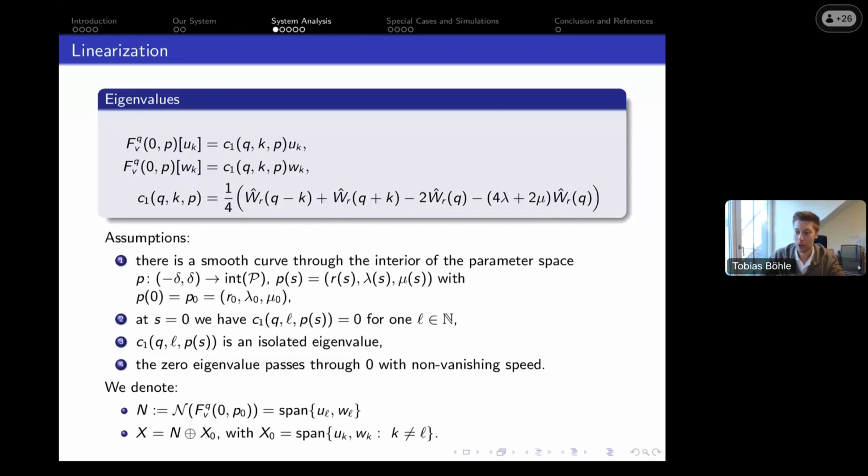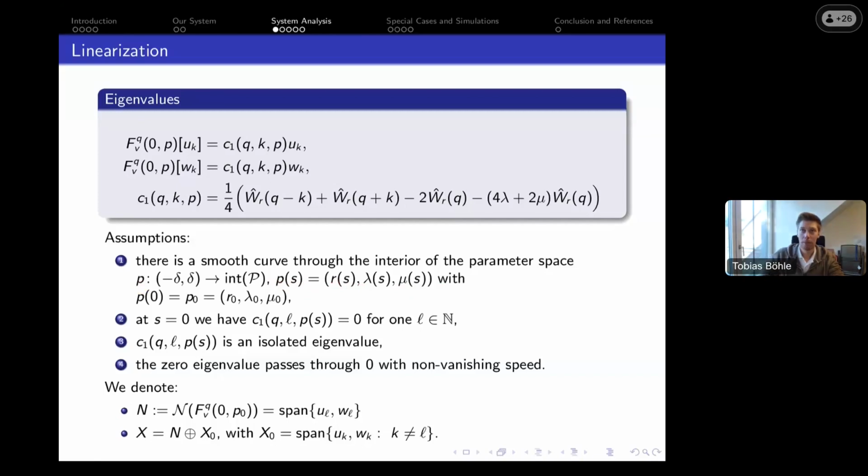Now to study a bifurcation, we have to make a few assumptions. We assume that there's a curve through the interior of the parameter space, and we denote this curve by P. P has 3 components that are the parameters R, lambda, and mu.